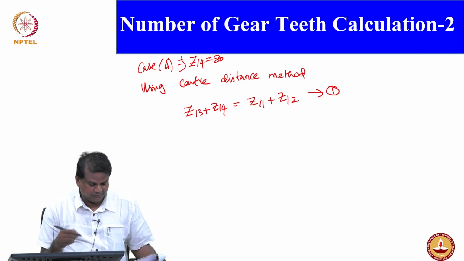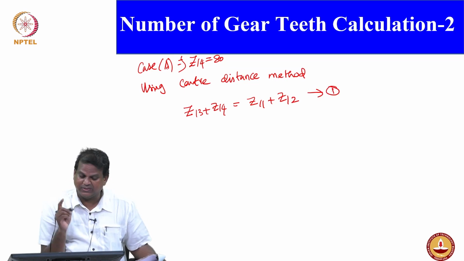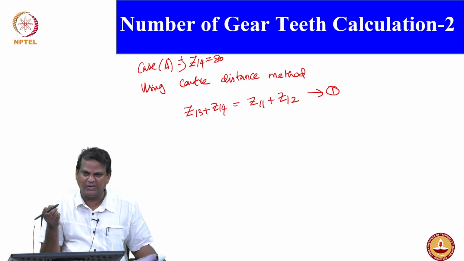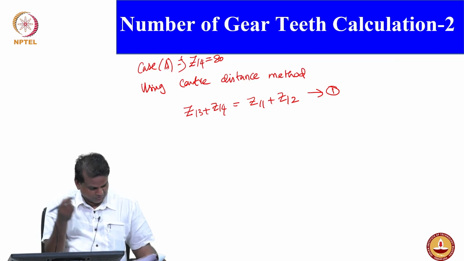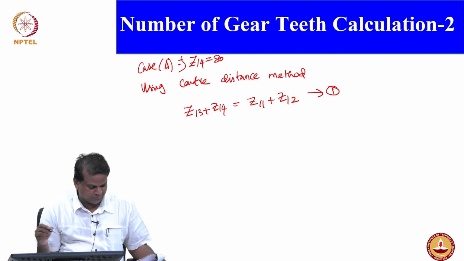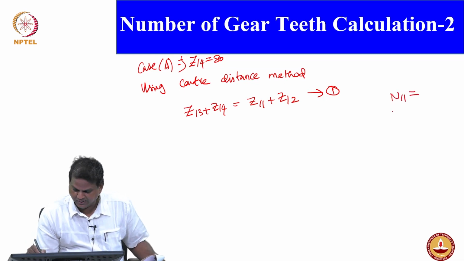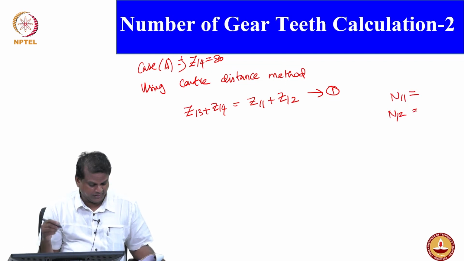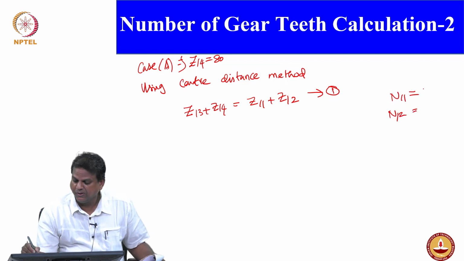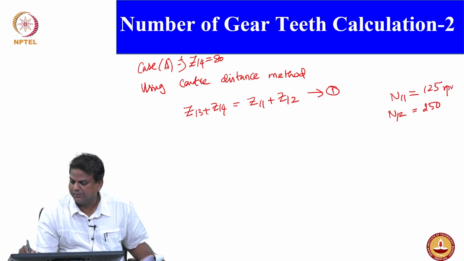So our known data, what is the known data? We know only the speed, we don't know the number of teeth. So we have to refer again to the number of speeds. Your N11 would be what is the speed, and N12, please look at your ray diagram, that will help you: 125 rpm, and this should be 250 rpm.